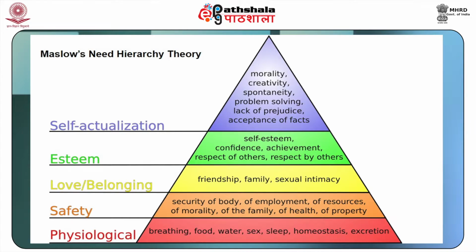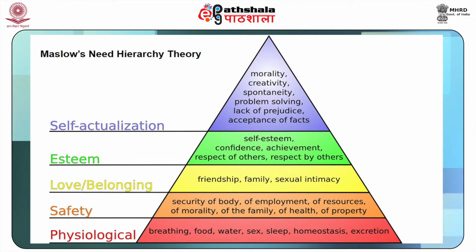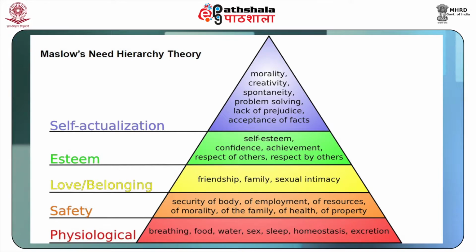The next set of needs that emerge are the safety needs. These include stability, security, dependency, protection, and freedom from fear. The third set of needs is the love and belongingness needs. These primarily relate to our innate need to have deep and affectionate relations with people in general, as a community, and in particular as a friend and family.